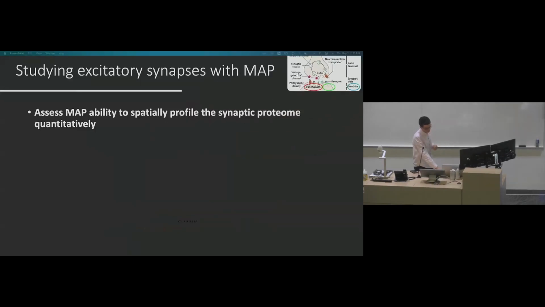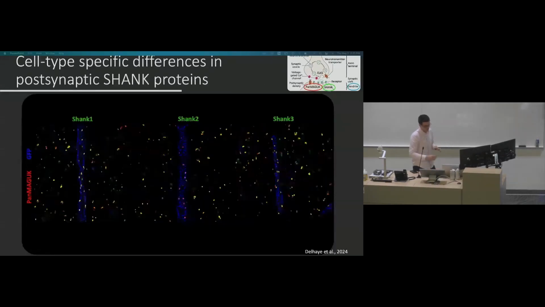So using the same mouse as before, we looked at synapses made on interneurons versus synapses made on pyramidal neurons. And what we could find is that only SHANK2 looked not to be expressed in synapses made on interneurons.